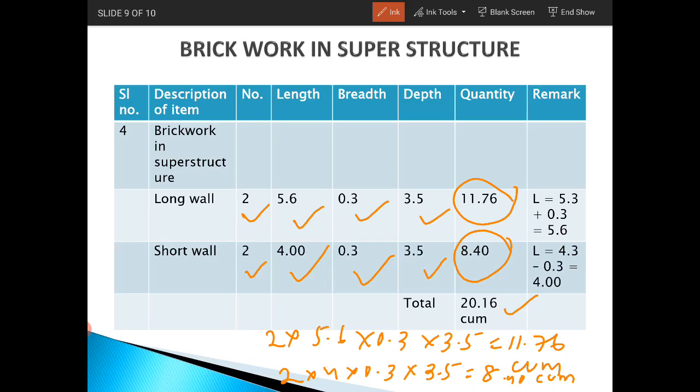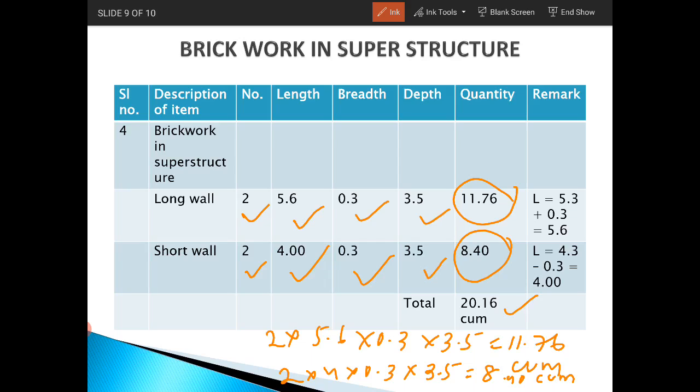What we found exactly is that whenever we calculate the long wall by taking these dimensions, you mark that the length of the long wall is decreasing while the in to in length of the short wall is increasing.